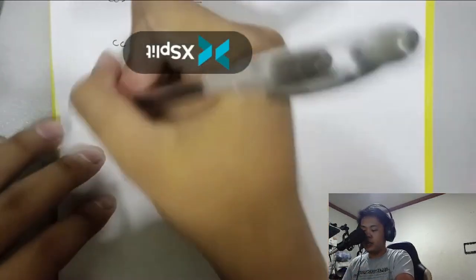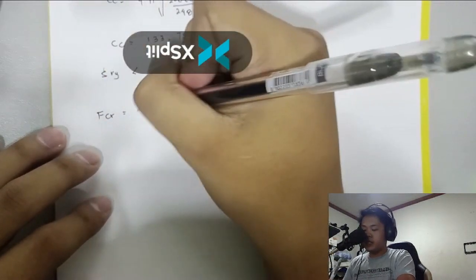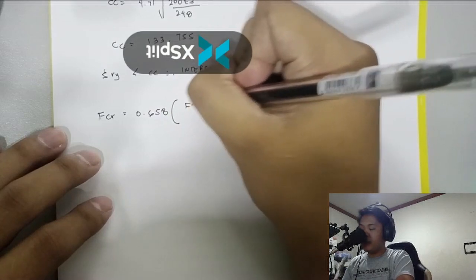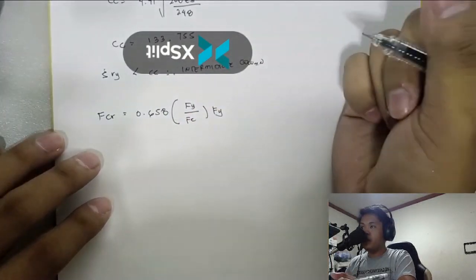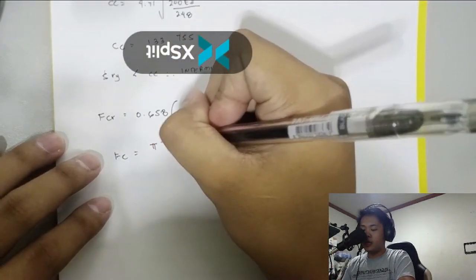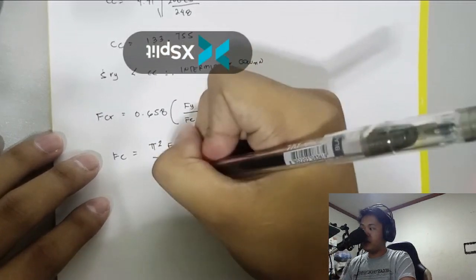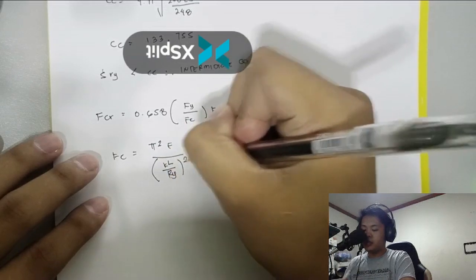So since intermediate column siya, ang gagamitin natin na formula for FCR is 0.658 raised to Fy over Fe multiplied by Fy. And to solve Fe, meron tayong formula na pi squared E over KL over RY raised to 2.